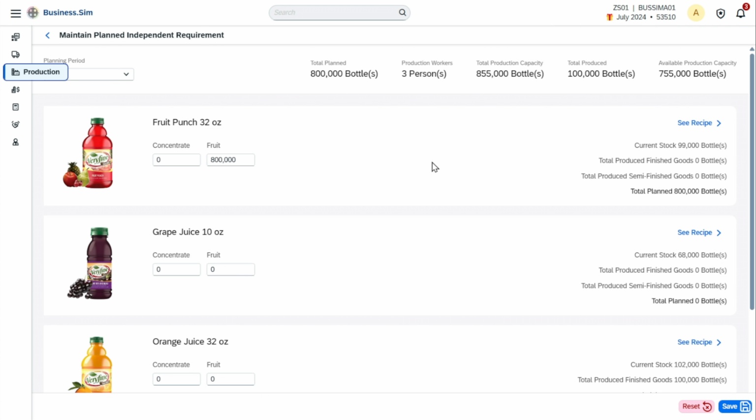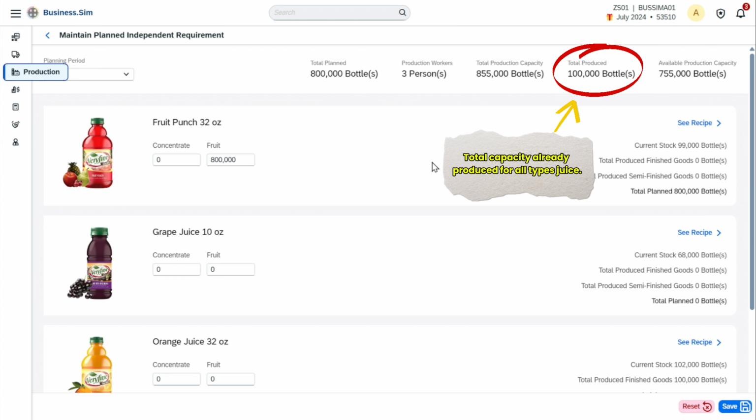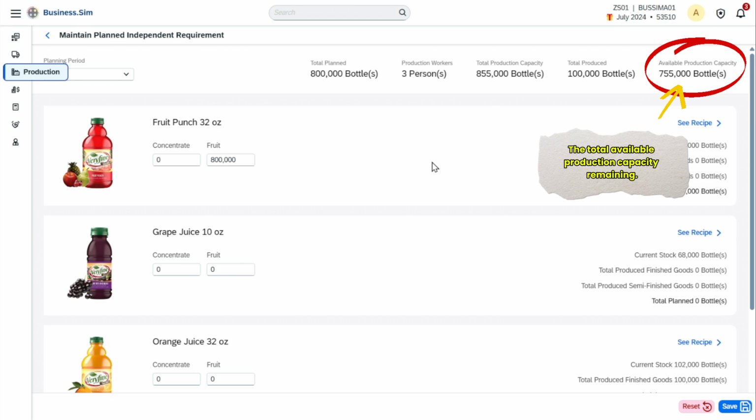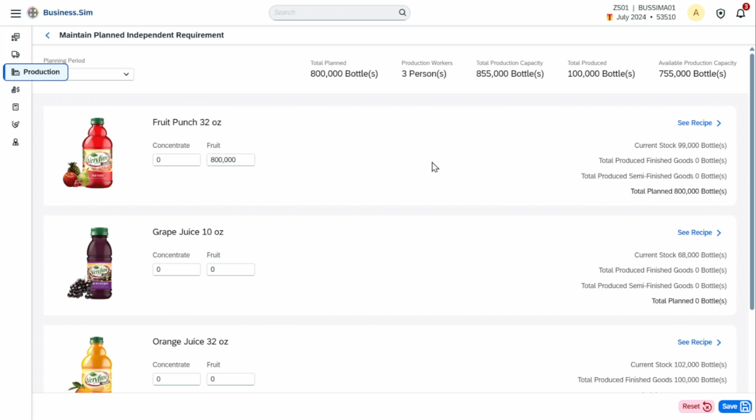Then, there is information about the total production where we can see the amount of production we have carried out during one period for all types of juice. Then, the last one is information on how much juice we can still produce during that period. Available production capacity may change when adding or reducing workers.